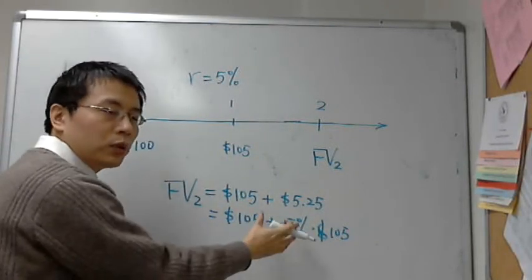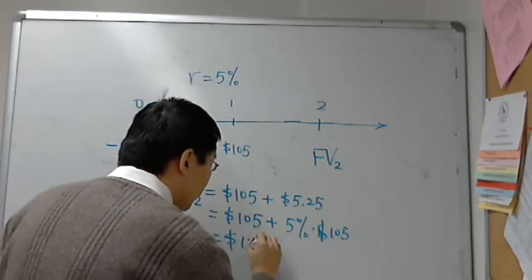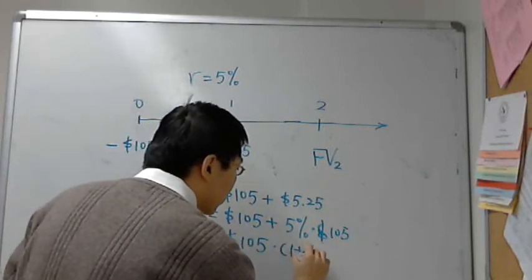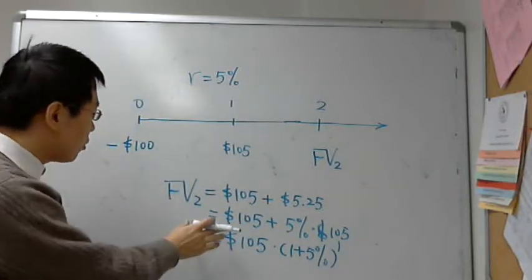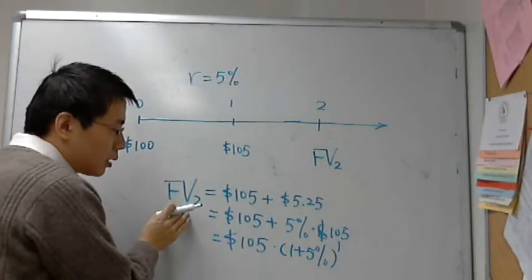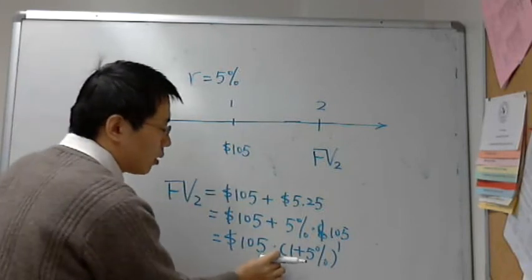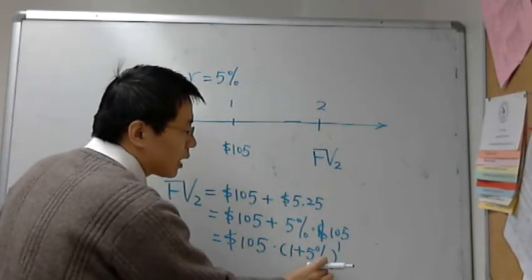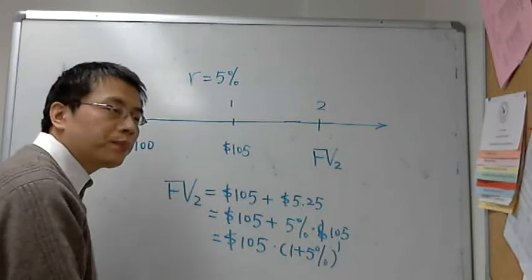So I'm going to group the numbers a little bit. You will say it's 105 times 1 plus 5%. I'm going to add a 1 here. So in other words, in the second period, the balance is the 105 earned here times 1 plus the 5% saved for 1 period. So that's a 1 here.